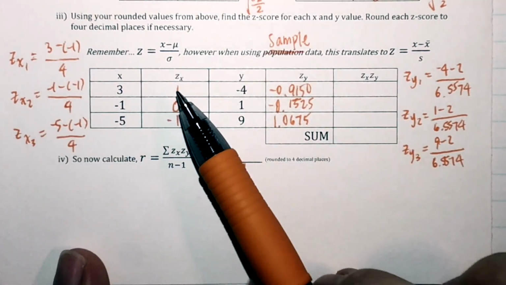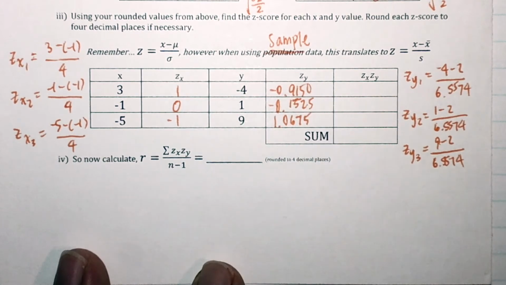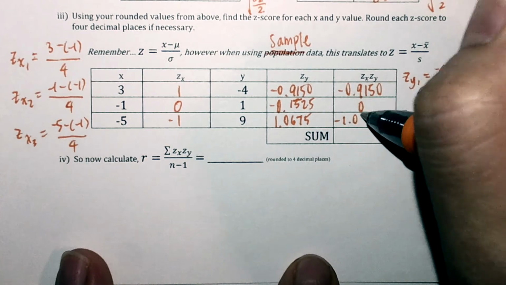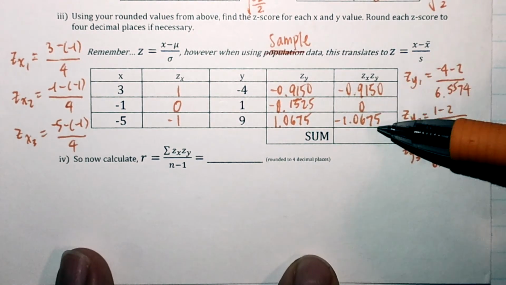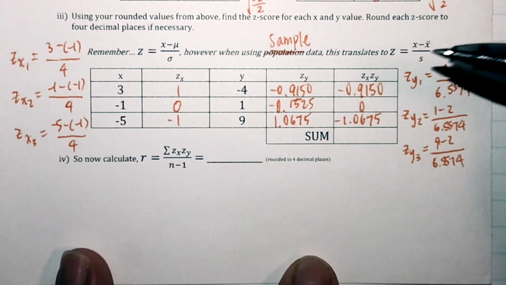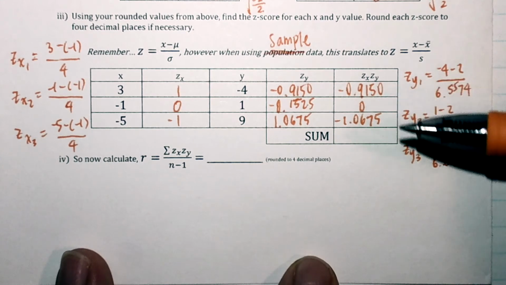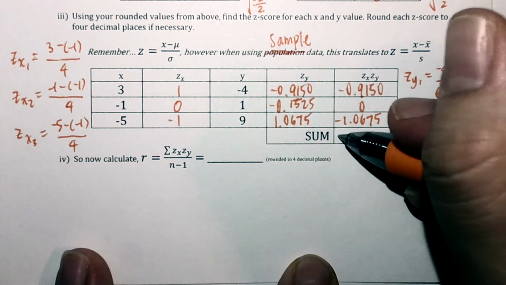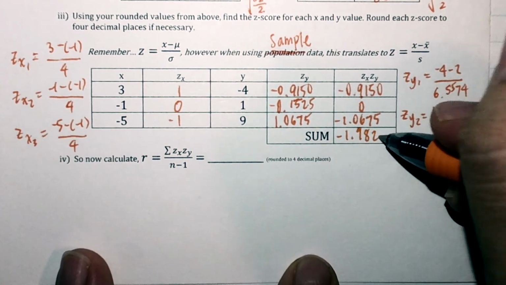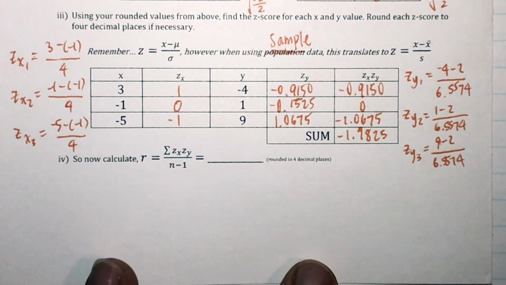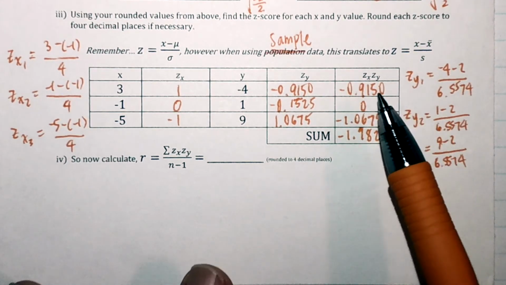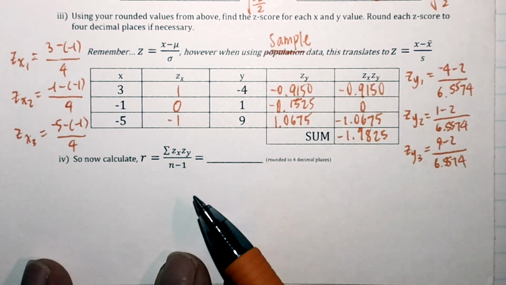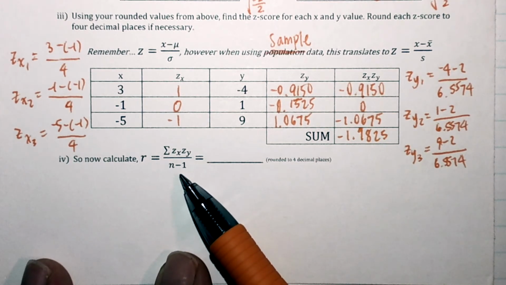Each row you're going to multiply the z-score for the x with the z-score for the y. And then you take the sum of that column. So negative 0.9150 plus 0 plus negative 1.0675. So that gives us negative 1.9825. Okay, so now we have the sum of zx times zy, which is the numerator there, divided by n minus 1.